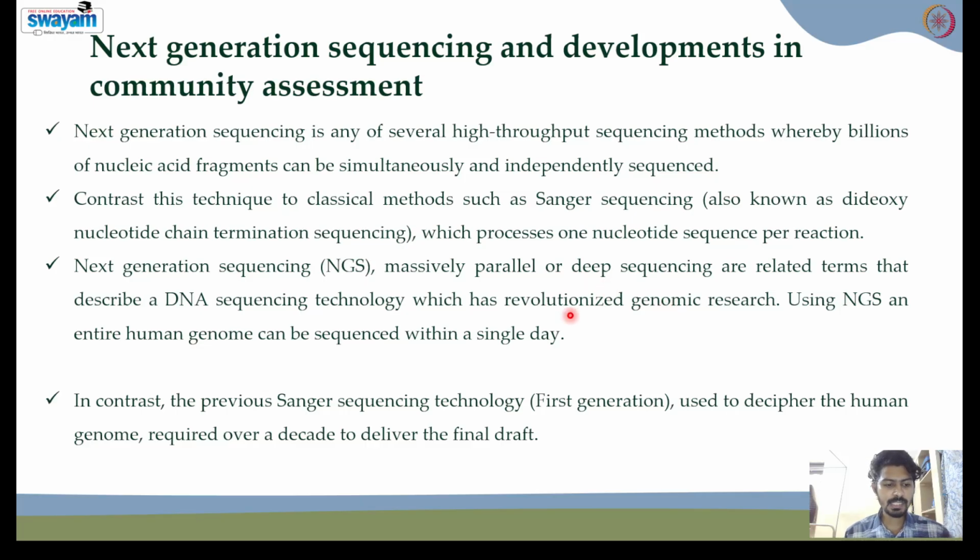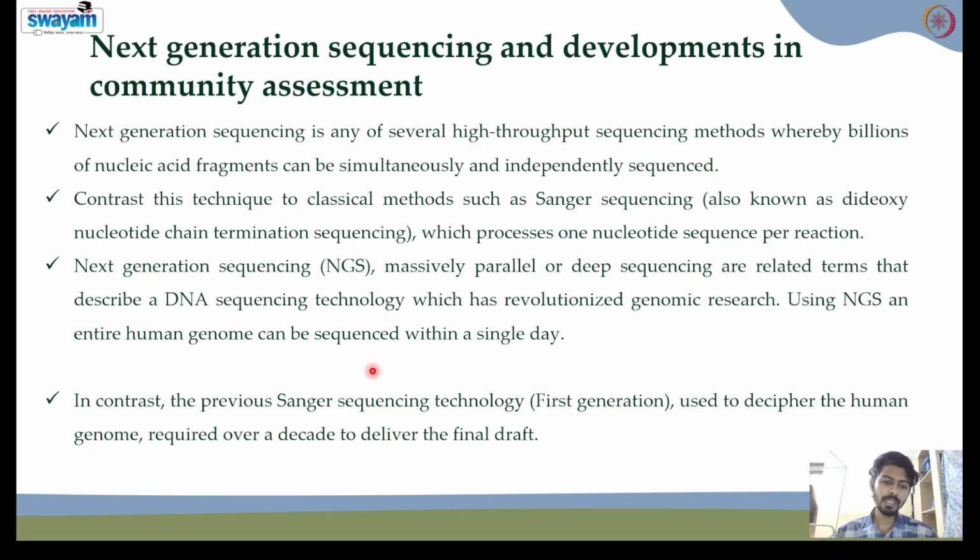If you see the human genome, it took more than 10 years and was very costly when they were going for Sanger sequencing. But nowadays, the entire genome can be sequenced using next gen sequencing within a single day.